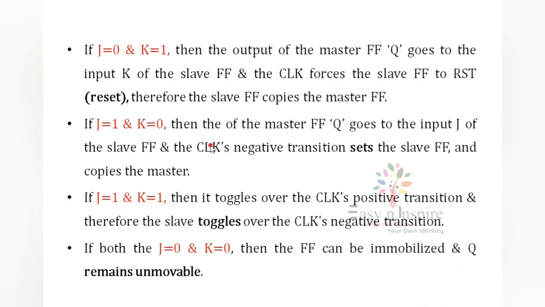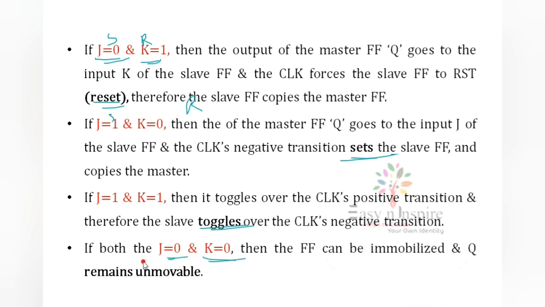So these are the remaining operations. J0, K1. So J means set, K means reset. It results reset condition. So see, reset. J1, K0, set. It results set condition. J1, K1, toggle condition. We know already.